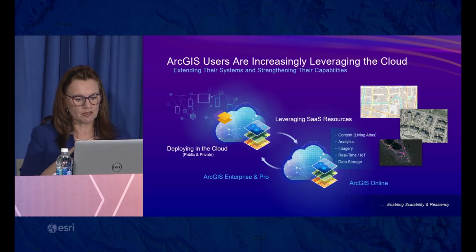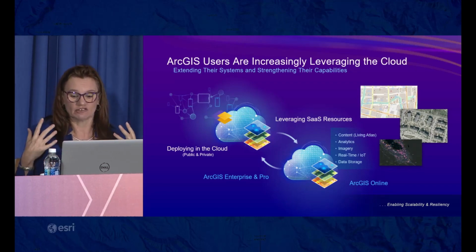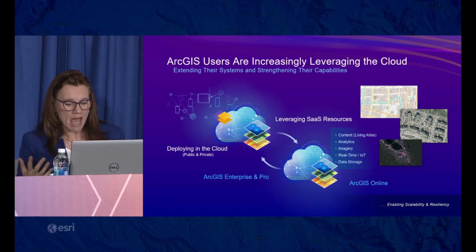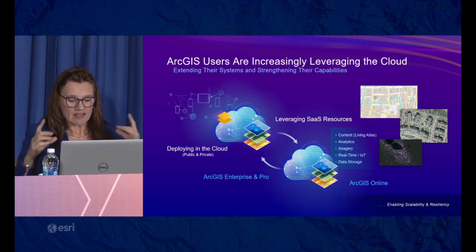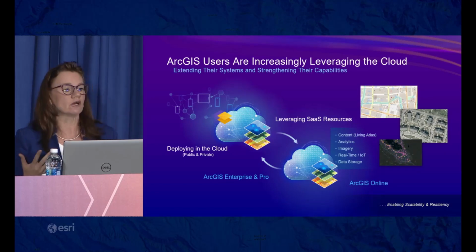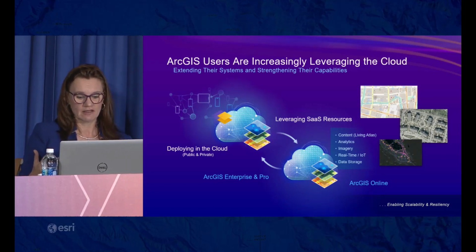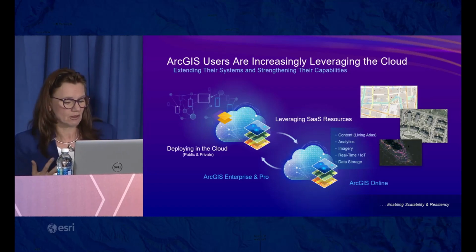increasingly driven by the cloud, leveraging software as a service, cloud computing, cloud mapping, cloud analysis, and data storage. And that's how the ArcGIS system has evolved to support what's called WebGIS. And it's become so much more collaborative and flexible.